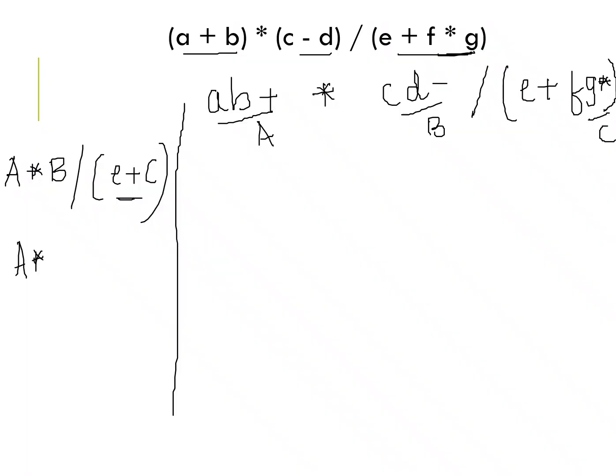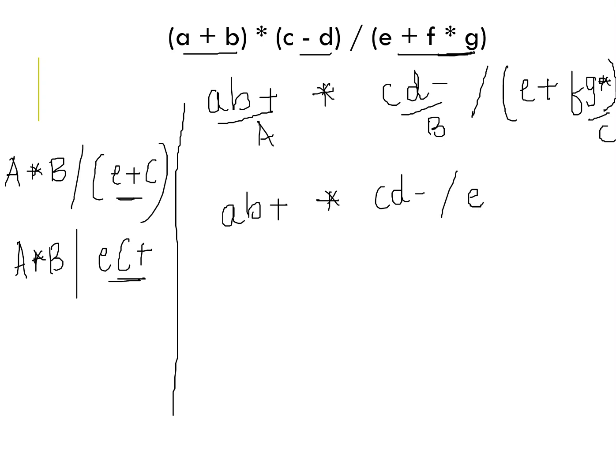So my postfix expression will be E, C and plus. I'll write this into my equation, keeping my AB plus as it is. I'm not changing A and B anything. So it is A, B and then divide. Now it is EC plus. So E will be written as it is. What is C? It is F, G star and then the plus.